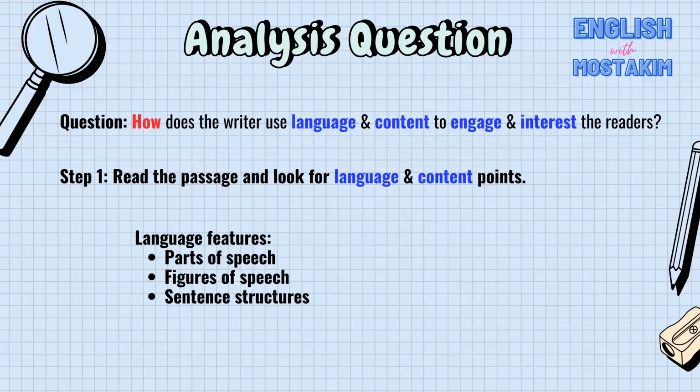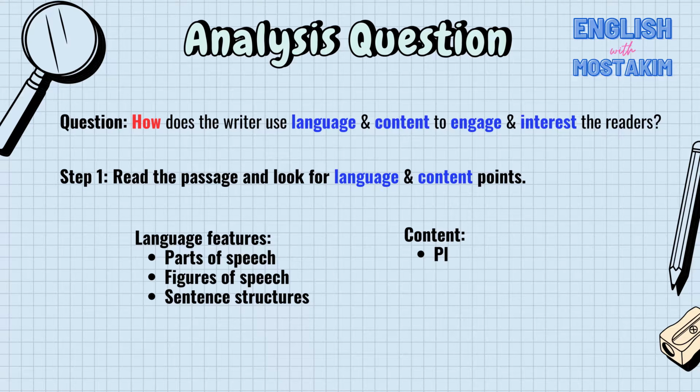Then there are figures of speech like metaphors, similes, etc., without which a text may seem somewhat bland, or with the use of which a writer may artistically present or make the readers visualize something. Finally, there are varying sentence structures that bring character and variety to a text.